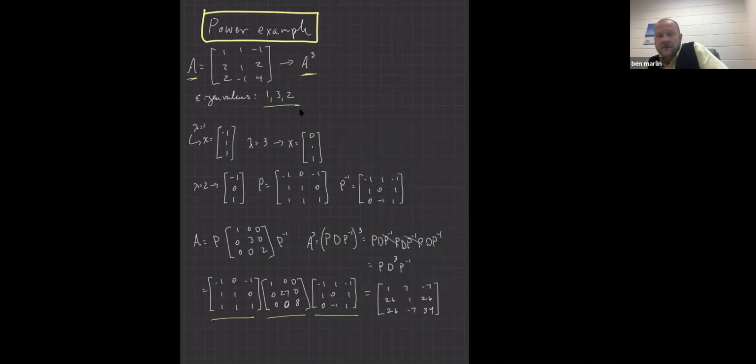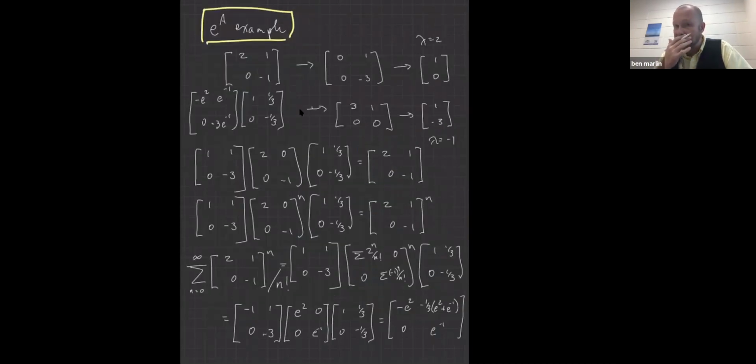Okay, so turns out this is pretty doable, and you can do this even for very large powers. So calculating the powers of matrices is not terribly onerous. This is a pain. So we want to think about getting the exponential of a matrix.